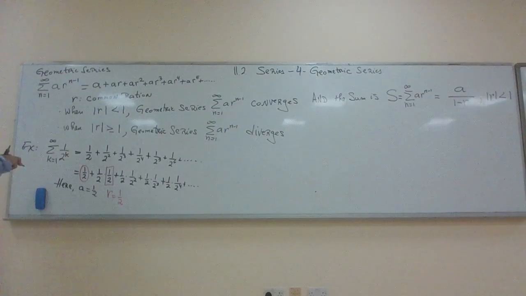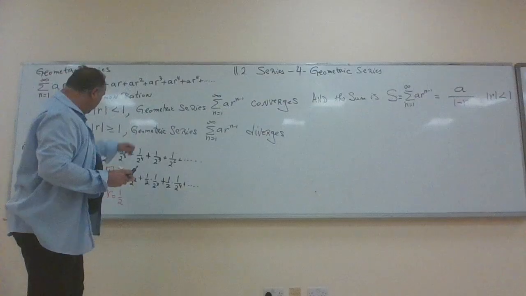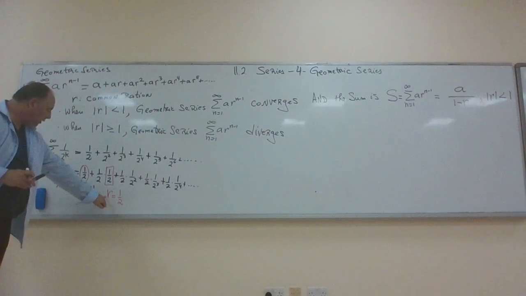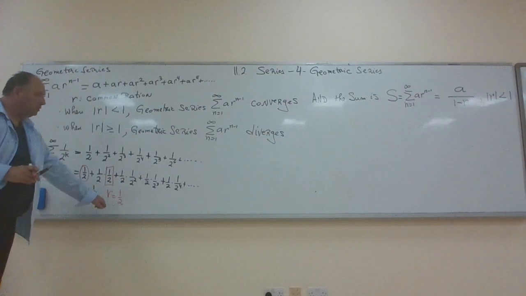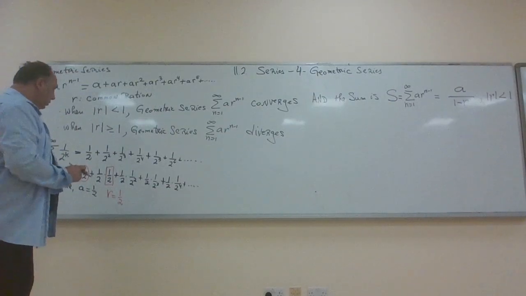Now, from the results here, in geometric series, when the common ratio r is smaller than 1 in absolute value, we know that the series is convergent.